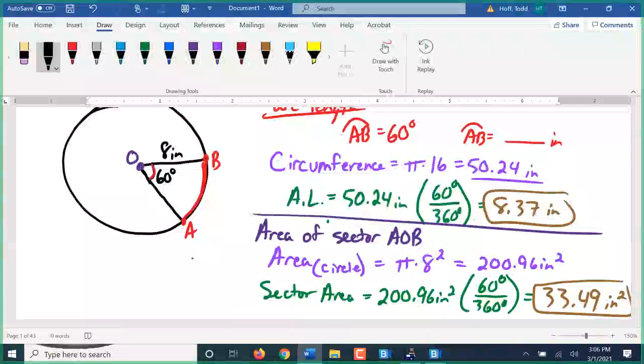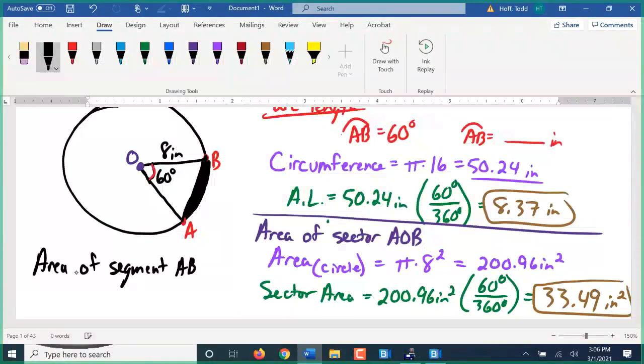Now, the last thing that we looked at last semester, something called a segment. It looks like that. The area of a segment. Remember, a segment is just the area between a chord and the outer edge of the circle.